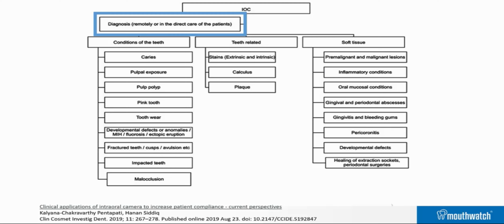So in this chart, we see that intraoral cameras can be used to diagnose conditions of the teeth, teeth-related, and soft tissue conditions, and that they can be used both directly and indirectly. Now, when we say directly, that means you have your patient in the chair and the intraoral camera in their mouth. Indirectly is where a provider who is not directly with the patient is using those images to provide a diagnosis.